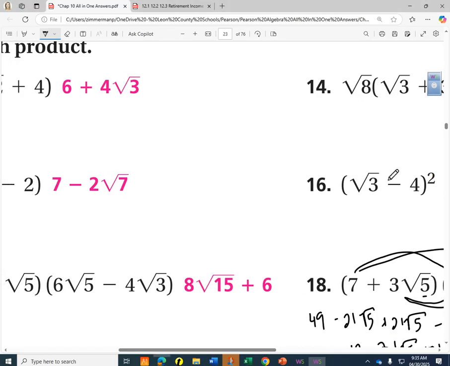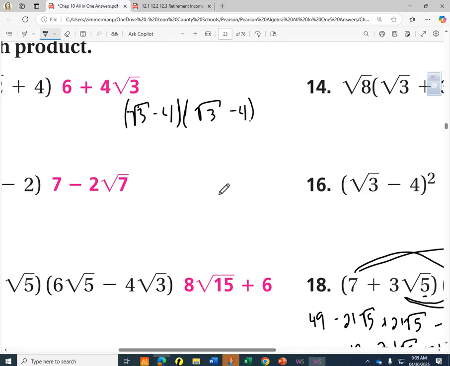The square root of 3 minus 4 all squared, which means that the square root of 3 minus 4 times the square root of 3 minus 4. Right? And so then we do it just like we did number 18.